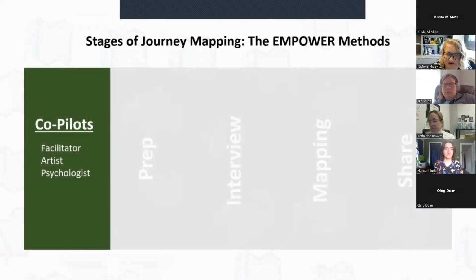So I've had a lot of people ask me how I've made the maps for Empower projects. So this is what I'm just calling the Empower methods that we've used. And it's our staging that we've done. So the first thing that we did when we started mapping is I found my co-pilots. It's a process, it's a method that you can't really do by yourself. And so what we did for our work is first I found a professional facilitator who's trained in working with trauma, stories with a lot of trauma.